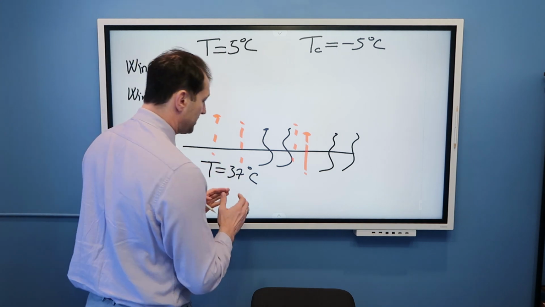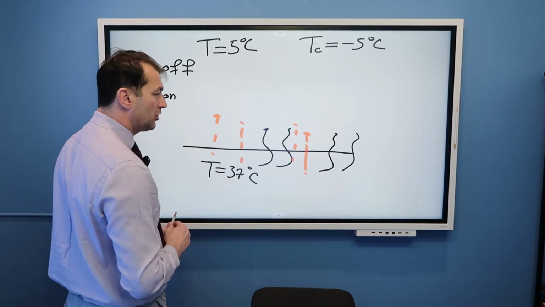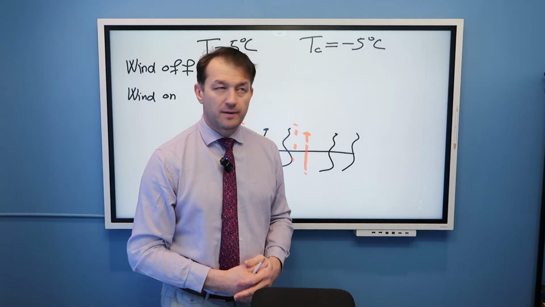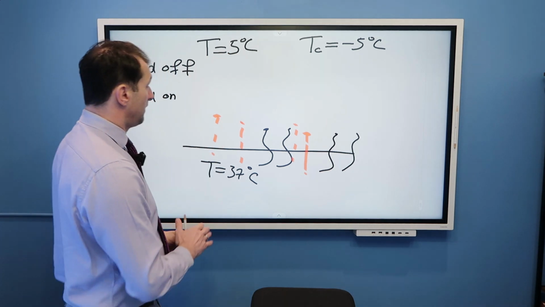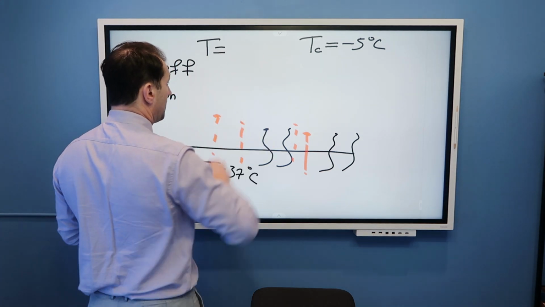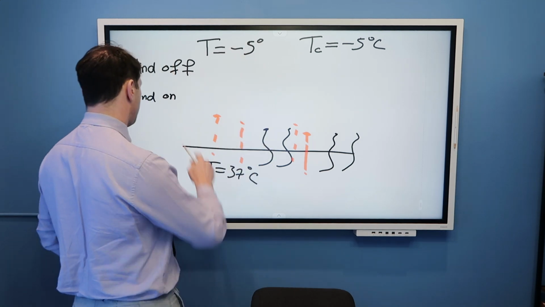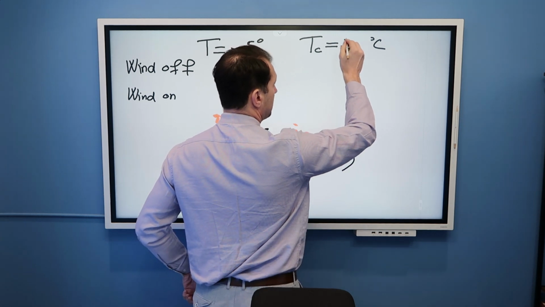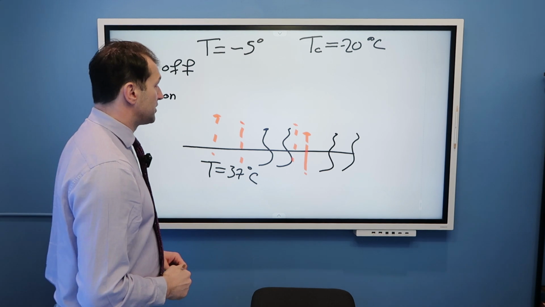So what happens is that if your body cannot replenish this heat loss, the skin temperature will start dropping. In this particular case, it can only drop to 5 degrees Celsius. Of course, let's assume that if this was negative 5 to begin with, and with this wind chill, maybe this would now be negative 20, let's say. Now the situation is even worse.